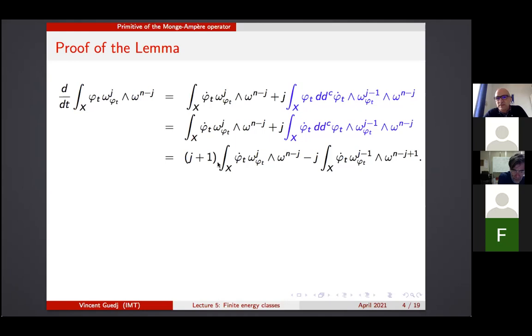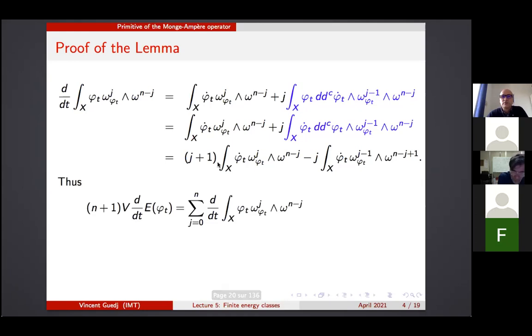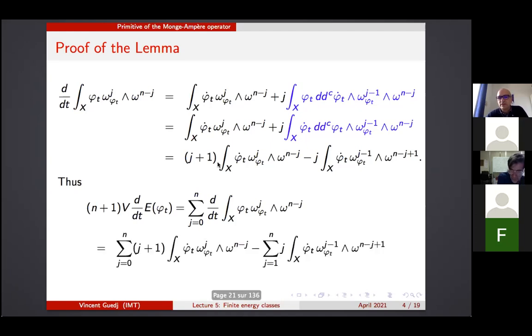So you see, it looks like a telescopic series. When I make the summation of these terms, or if you prefer, when I differentiate the total E functional, modulo this normalizing factor n+1 times V, what I get is this summation, which is hence equal to a difference of sums. Then I can reindex the first sum or the second one, depending on your preference, and you get cancellations.